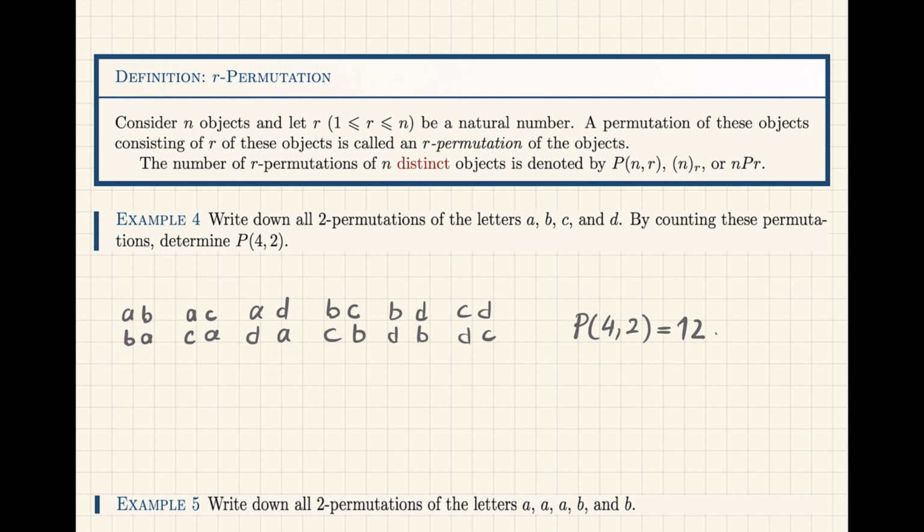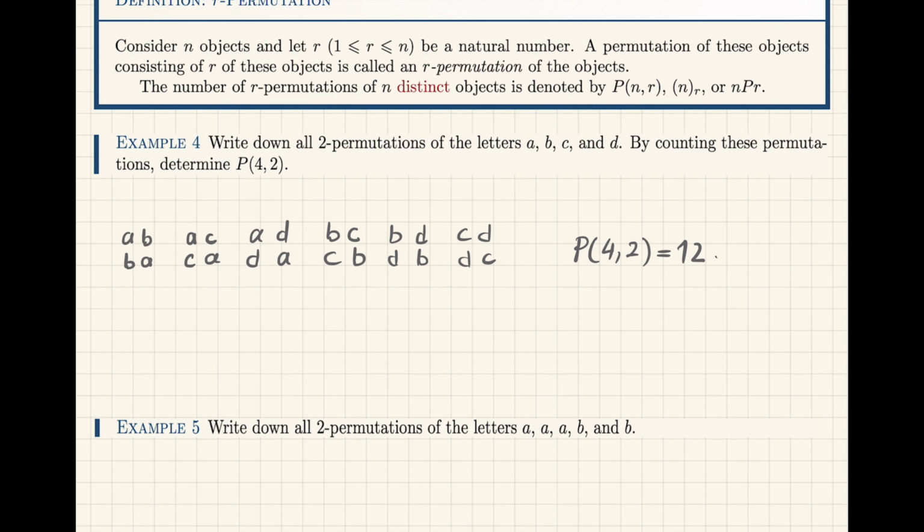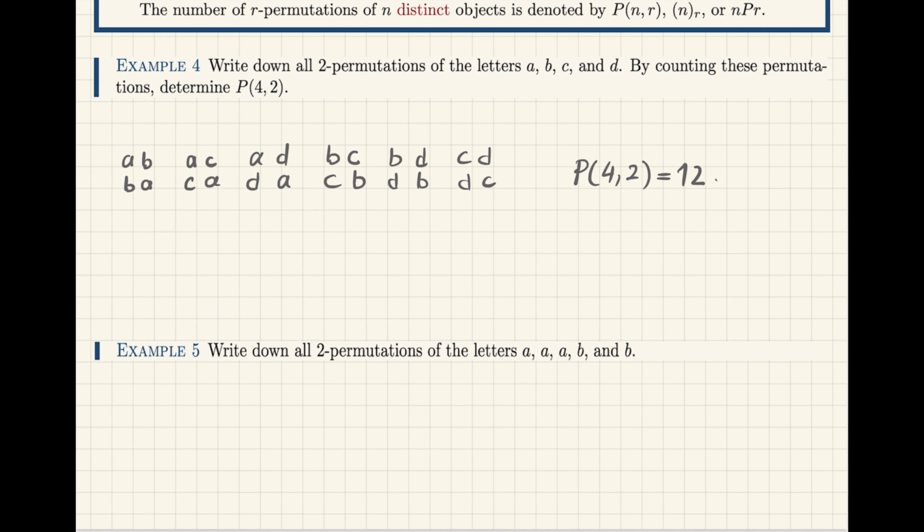So we want to find a formula for getting this 12 immediately without writing down all the permutations. Any questions? So you see, still order matters, but not only order matters, the choices also matter here.